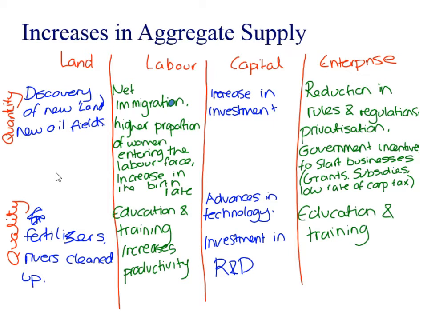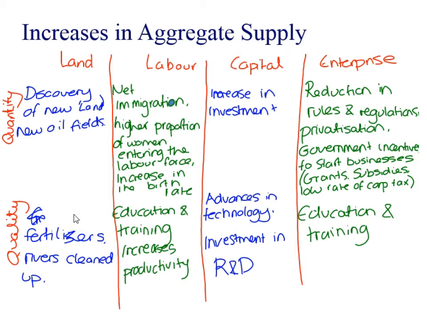But increasing the quality of land: fertilisers, anything that cleans up the land or makes it more productive. Labour, though, it's really labour, capital and enterprise that we focus on in seriousness. So immigration would increase the quantity, as would a higher proportion of women entering the labour force, or an increase in the birth rate, whereas quality is determined by your education and your training, and this should increase productivity.